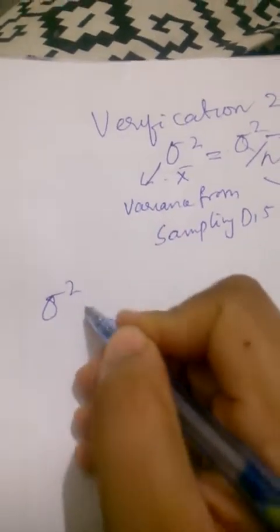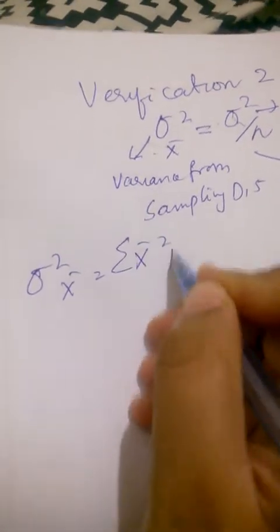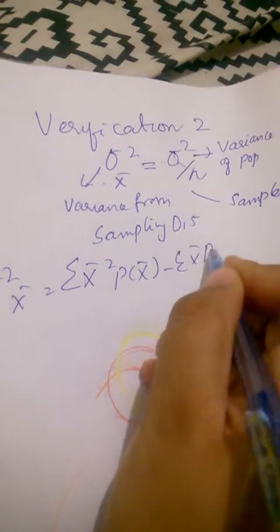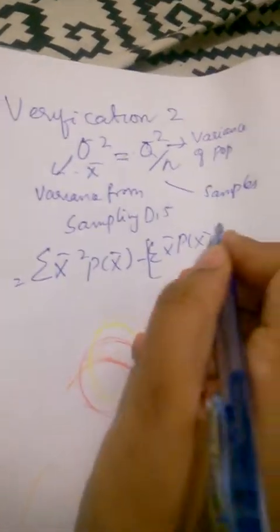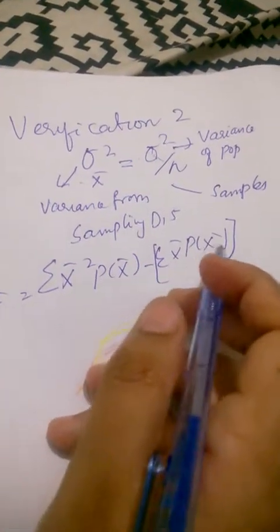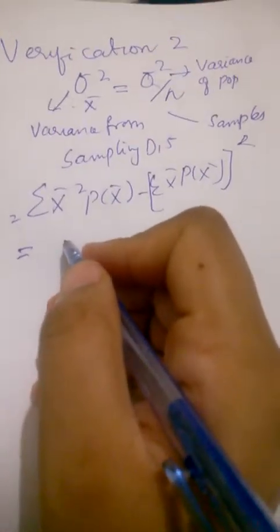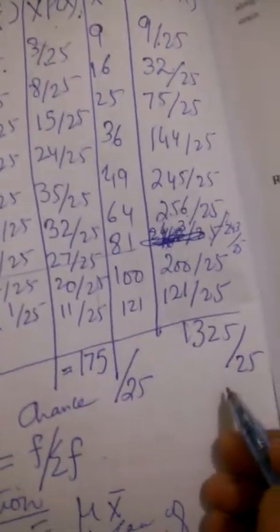सिग्मा स्क्वेयर ऑफ एक्स बार का फॉर्मूला होगा, this will be equal to sum x bar square into p of x bar minus sum x bar into p of x bar whole square. What you have to do, you have to find these two things. Now x bar square into p of x bar was found in the previous table over here. इसका हमने sum भी निकाल लिया था.